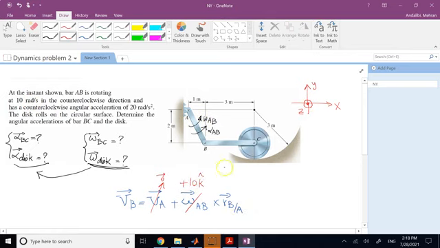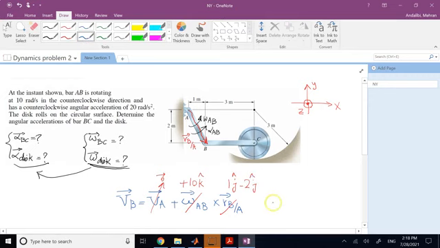R of B with respect to A connects A to B, so it is this vector. If you go from A to B, you need to move 1 meter to the right, 2 meters down. So it is going to be 1i minus 2j.